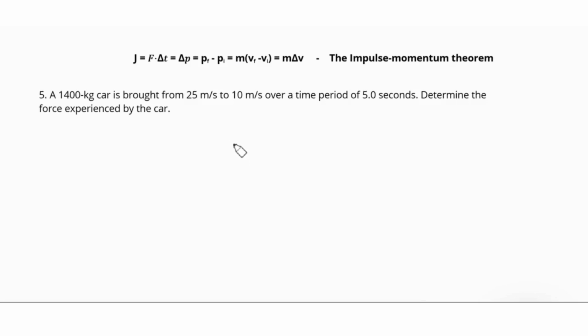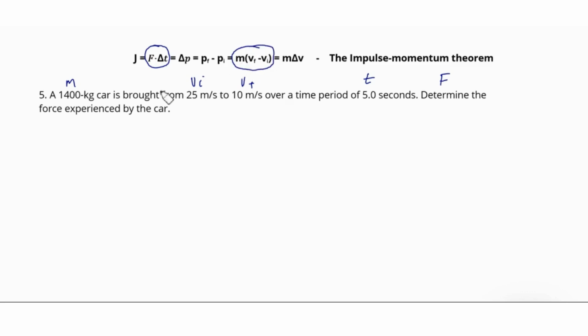A 1400 kg car is brought from 25 meters per second to 10 meters per second over a time period of 5 seconds. Determine the force experienced by the car. So again, here I have mass, VI, VF, T, and I'm looking for F. If I look at these variables, what makes sense for me is to use this with that.